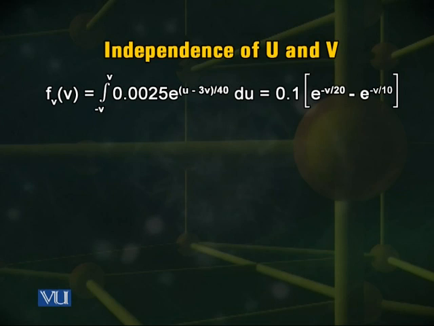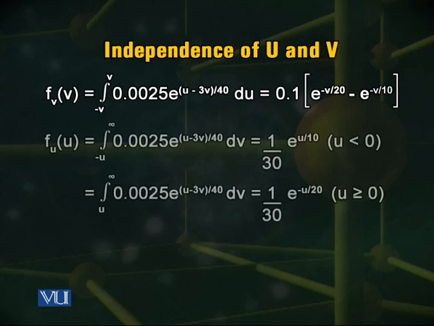This is only one expression that is needed for the marginal density of v. If we integrate the joint density in the other direction, you will get the marginal density of u.